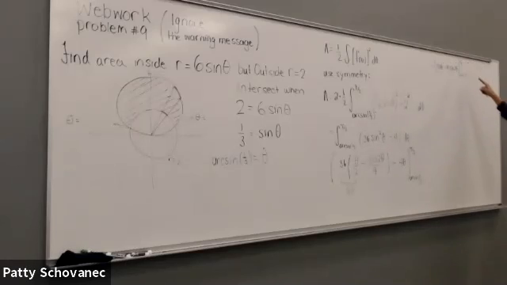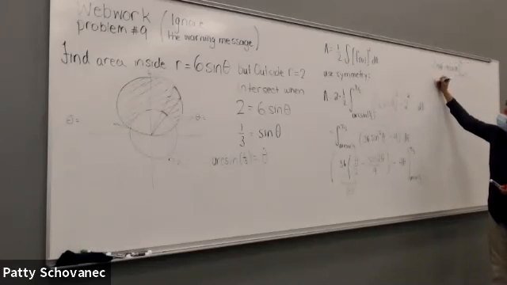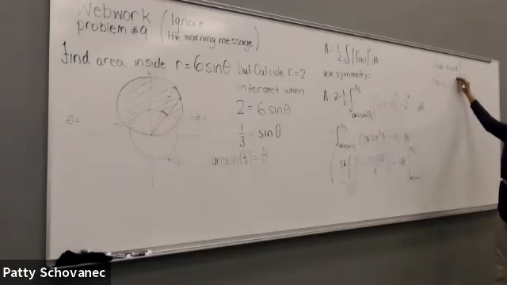So notice when I plug the pi over 2 in here, that becomes the sine of pi. The sine of pi is 0. So when I plug pi over 2 in here, I get 7 pi. But now I have to subtract the value of that expression when theta is arc sine of 1/3.